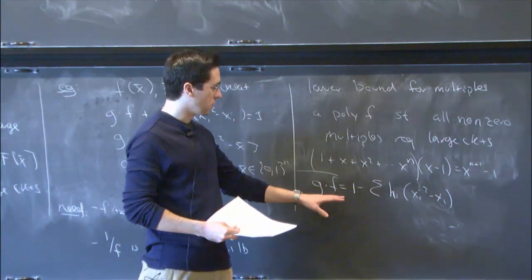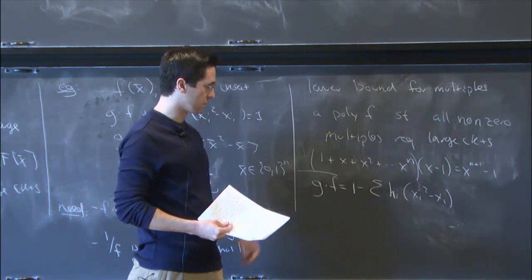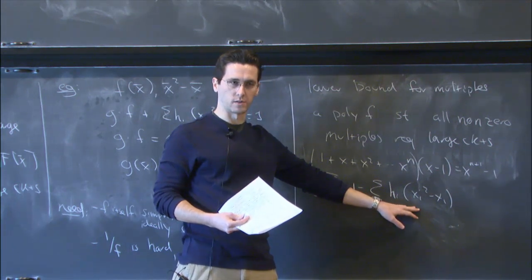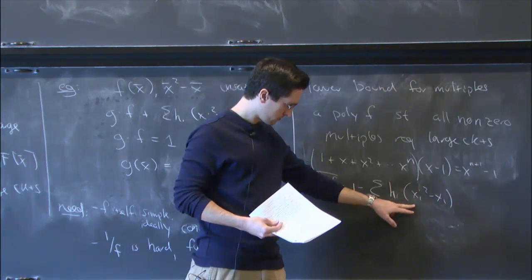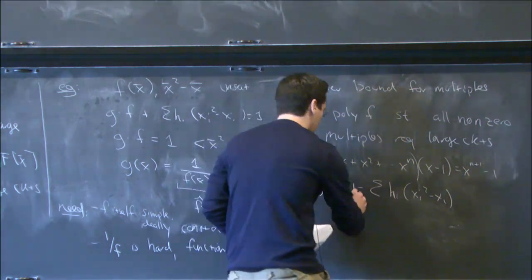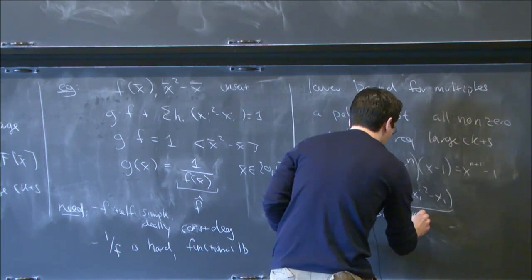The point is that suppose this IPS proof was small, very simple. Then the right-hand side should in general have a small algebraic circuit because the h_i's do. These are very simple polynomials. So this whole thing should have a small circuit.